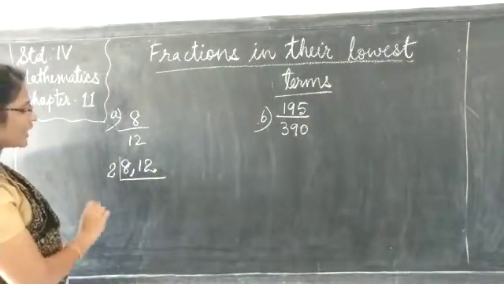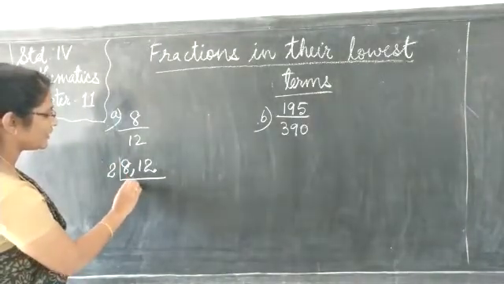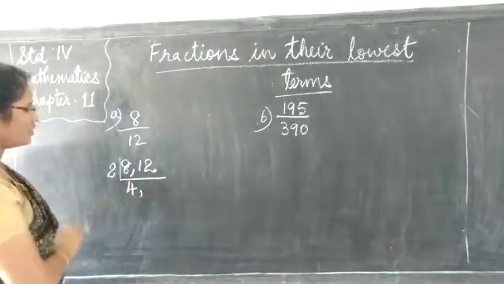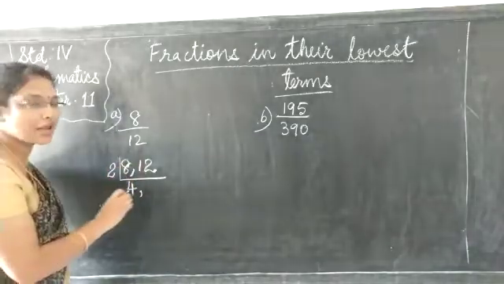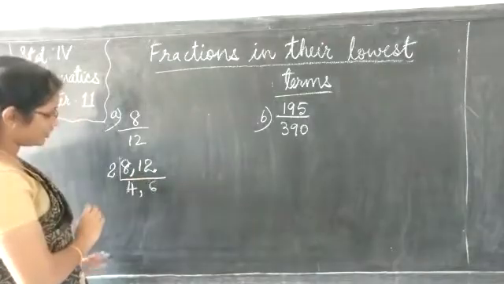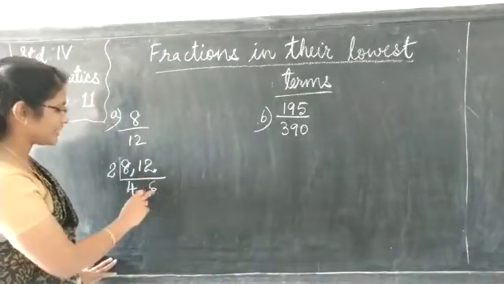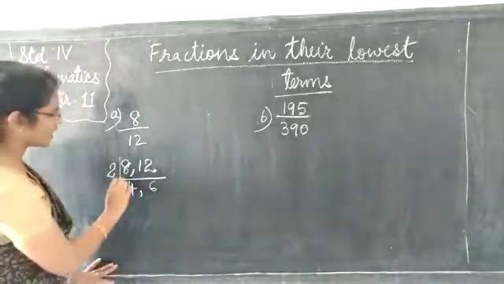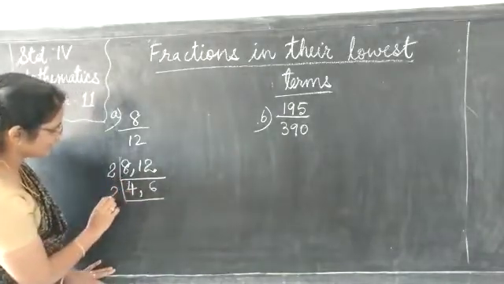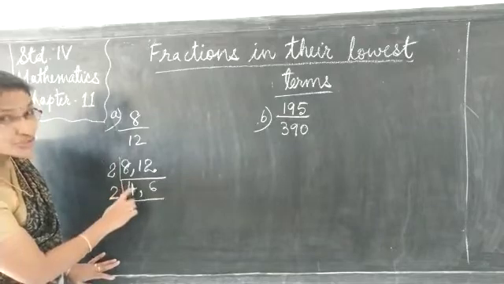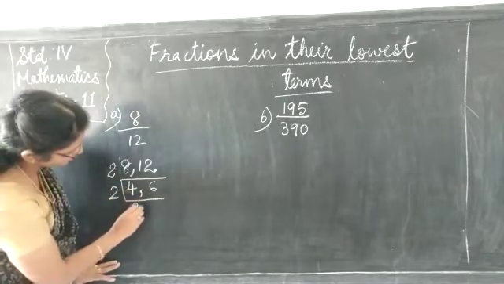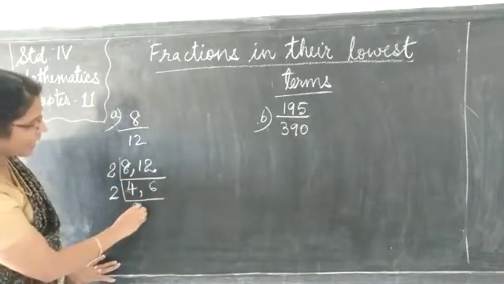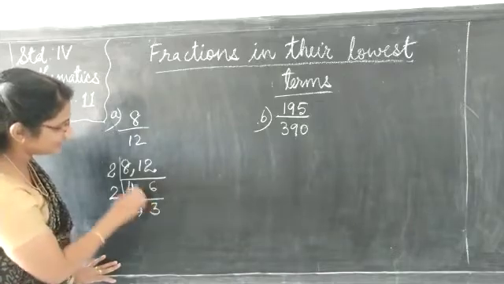How many 2's are 8? 2 4's are 8. Now, how many 2's are 12? 2 6's are 12. Now, 4 and 6, again they are divisible by 2. We can continue the process by 2. Now, how many 2's are 4? 2 2's are 4 and 2 3's are 6.